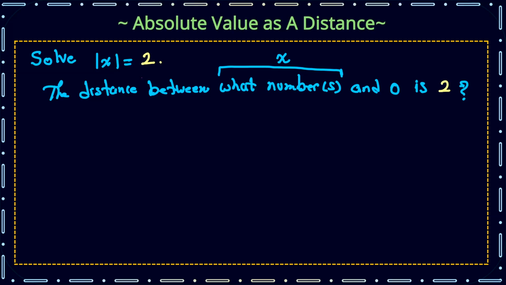Again, we can look at the number line and keep in mind that we are measuring from 0. You want to know what numbers are 2 units away from 0. You can go to the right of 0 by 2 units.